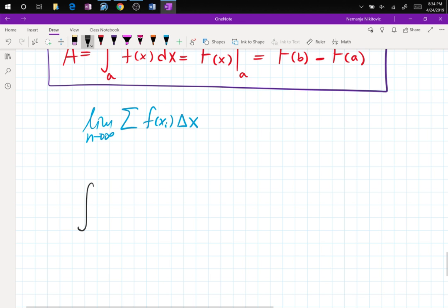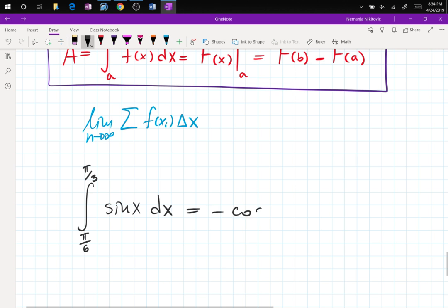So what is the integral of, let's say, sine x dx from pi over 6 to pi over 3? Well, first you need to tell me what the integral of sine is.